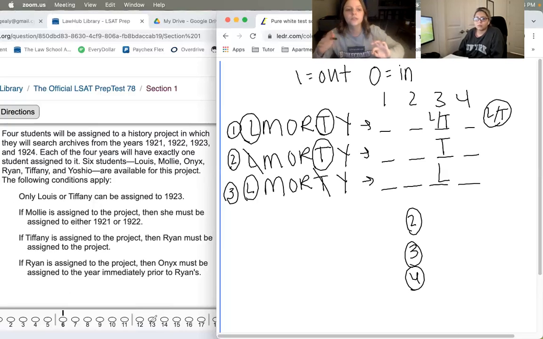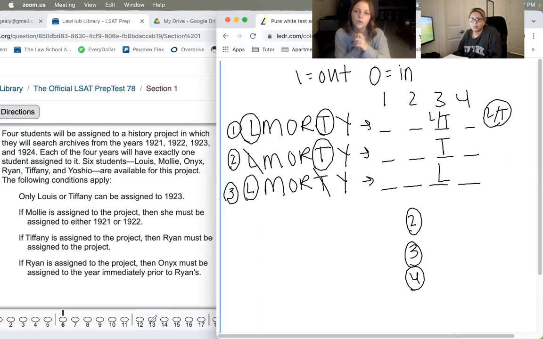The first rule says if M is assigned to the project, then she must be assigned to 1 or 2. So just focusing on the circle slash aspect of it, where could I have M? M could be in either 1 or 2. Like in the first world, it's either 1 or 2.